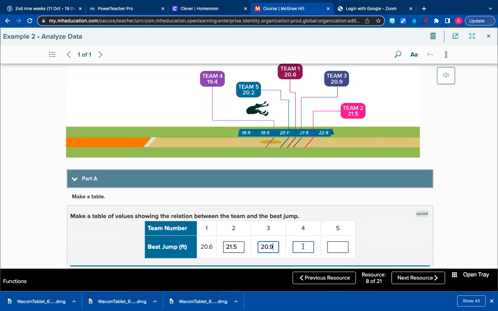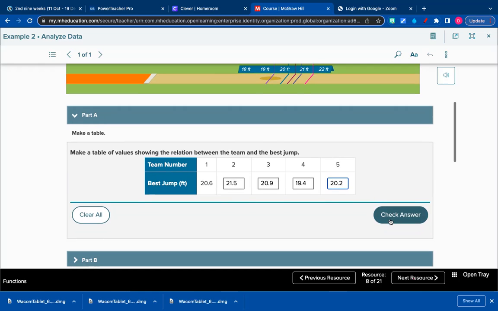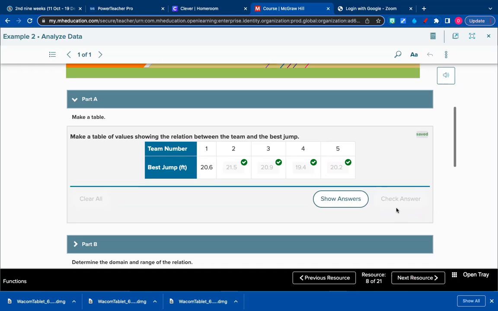Team 4, 19.4 feet. Team 5, 20.2 feet. So we're showing the relation between the team and their best jump. Okay, so we did our table. That's looking pretty good. All we have to do is type the numbers in there.